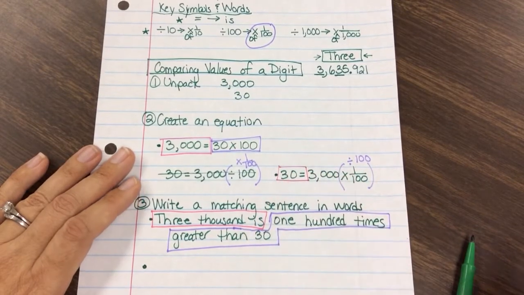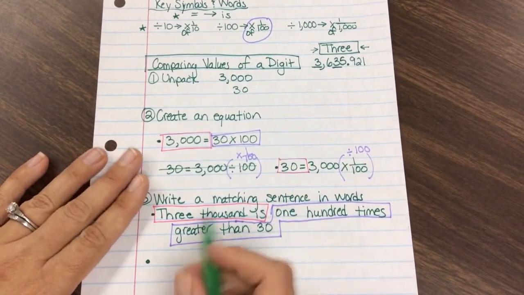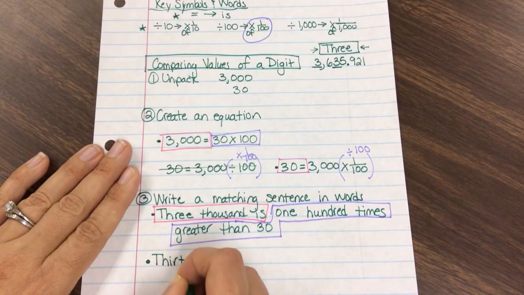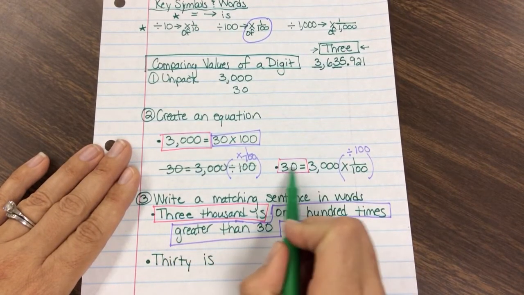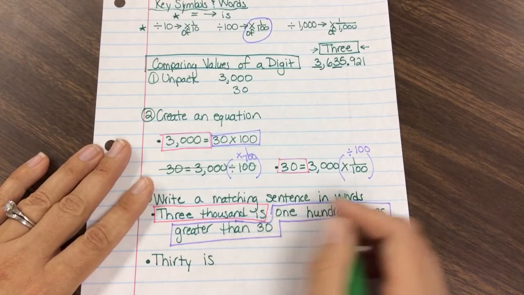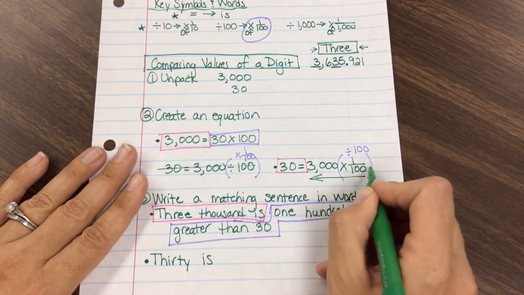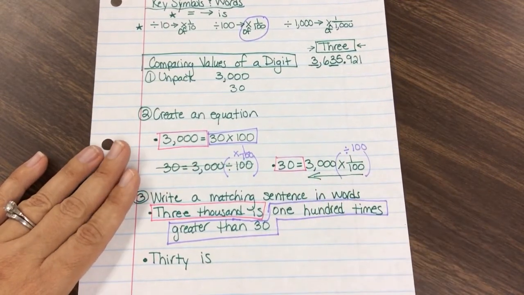Now we're going to put it on the other side, the 30 on the other side. 30 is, and then the way we read it is backwards from the way we have written it.